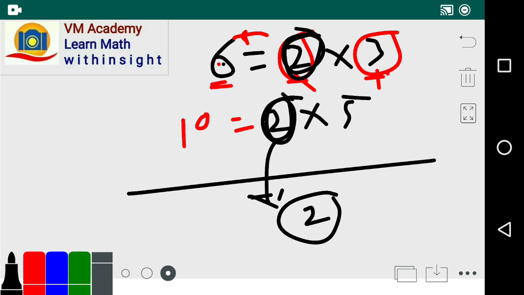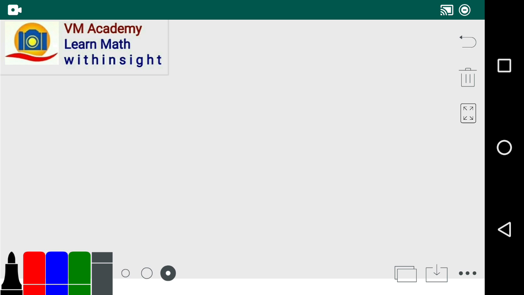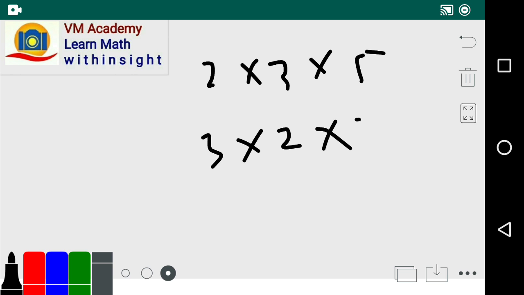So we say the GCD, the greatest common factor of 6 and 10, is nothing but the product of all such common factors, friends. There is just one common factor, so 2. Now what about 2 into 3 into 5 and 3 into 2 into 7?